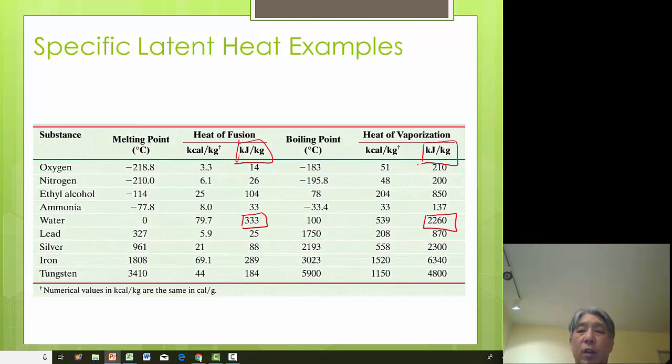It takes 333,000 joules to melt 1 kilogram of ice. It doesn't change temperature. It goes from 0 degrees ice to 0 degrees water. And until it's all melted, it doesn't really change temperature. Same with boiling. It's going to take 2,260 kilojoules to boil a kilogram of water into steam.